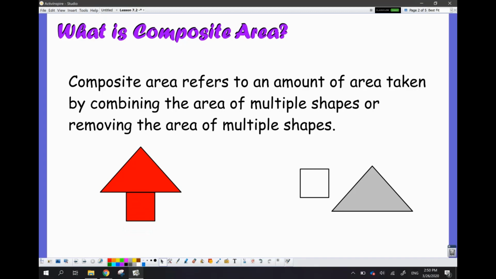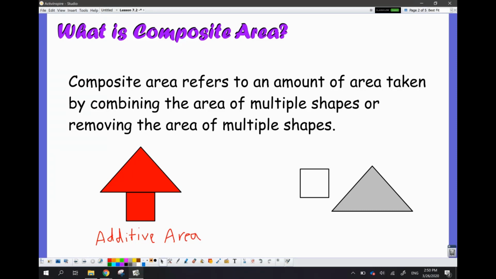To find the total area of this shape, since I already know the area of the triangle and the area of the square, all I have to do is add them. This is what we mean by additive area. Additive because we add them.